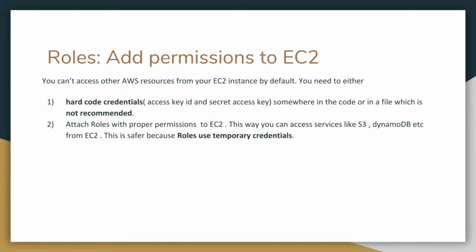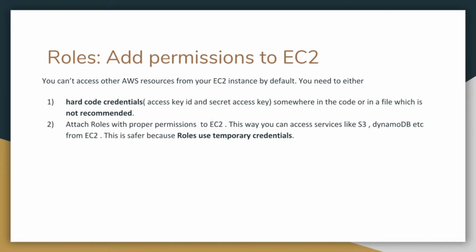But a better way would be to use IAM roles, and the roles will have the necessary permissions to work with other services like S3 and DynamoDB. And this is usually safer because roles use temporary credentials using the security token service, and they live short term, so they are safer.